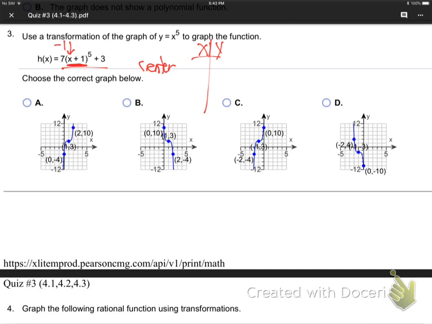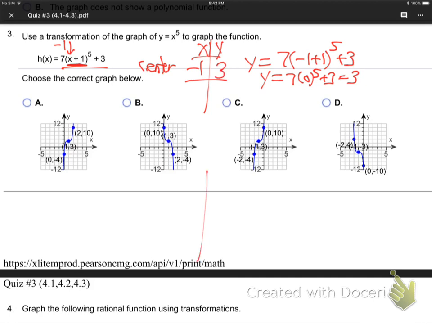So that's -1, isn't it? -1, y will equal 7 times -1 plus 1 to the 5th plus 3. That is 7 times 0 to the 5th plus 3. That's 3. So that means back 1, up 3. Right there, at back 1 up 3 is the center dot.